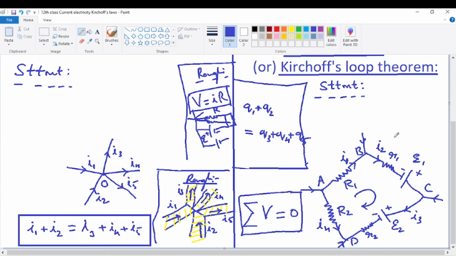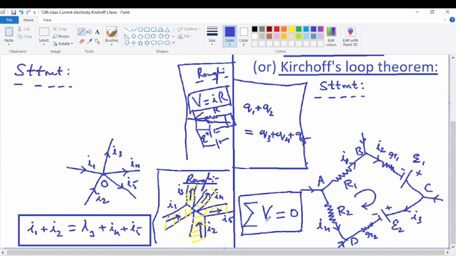So this is a particular equation. Now each potential difference we can substitute using Ohm's law and the definition of EMF. The first potential difference, V1 across the resistor R1, is I1 R1 like that.